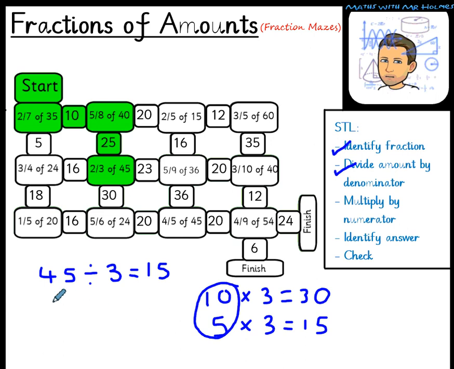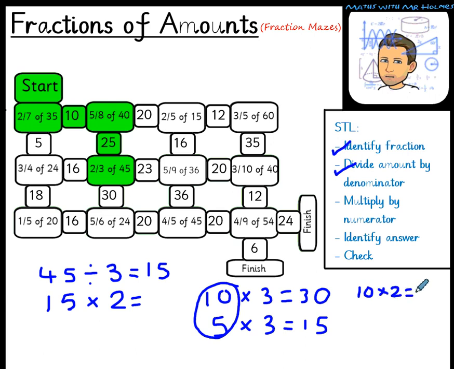Okay, now we need to multiply this amount by the numerator, which is 2. We want 2 parts of it. We use our doubling. Again, if you're not sure, you could partition it. So we could do 10 doubled.